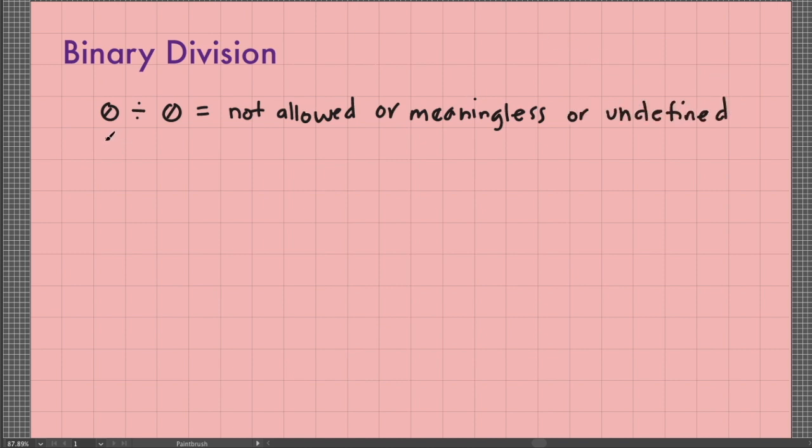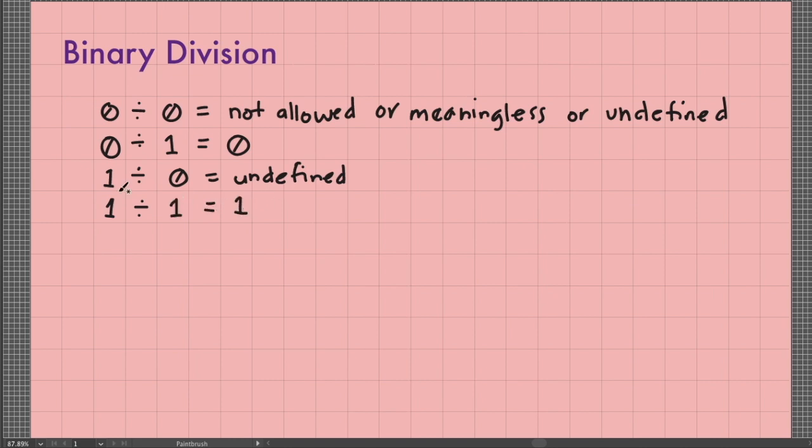Next, bit 0 divided by bit 1, this is equal to 0. Next, bit 1 divided by bit 0, this is also not allowed, or this is meaningless, or this is undefined. Finally, we have bit 1 divided by bit 1. This is equal to bit 1.